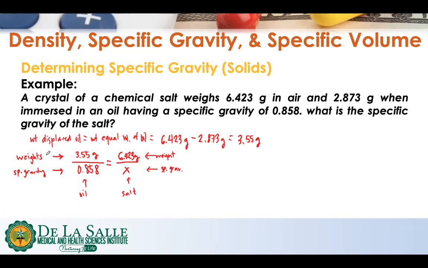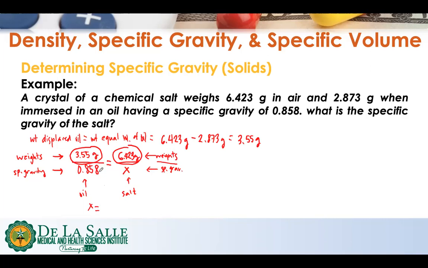Another thing that you have to remember is that the weights should have the same volume. This weight of the chemical salt has the same volume as this weight of the oil because it is what we derive from Archimedes' principle. Rearranging the equality, we get the value for the x.